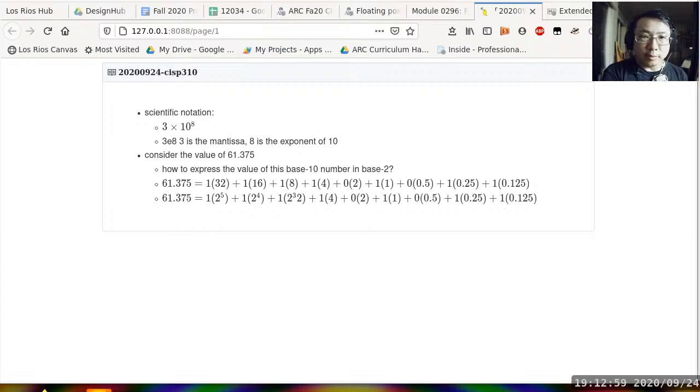This is 2 to the power of 3, 2 to the power of 2, 2 to the power of 1, 2 to the power of 0, and then we go negative, right? Because the 0.5 is nothing more than just 2 to the power of -1. And then here we have 2 to the power of -2. And here we have 2 to the power of -3.